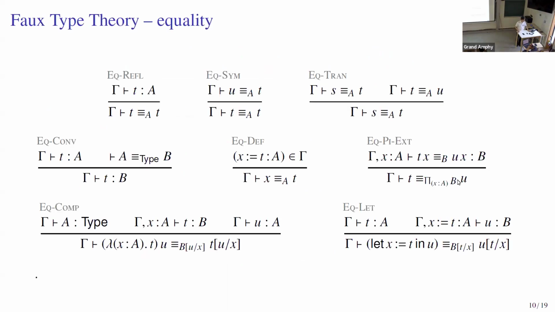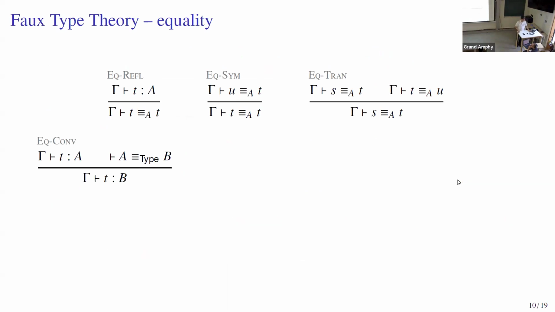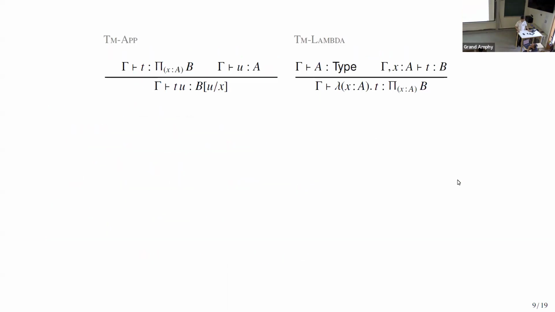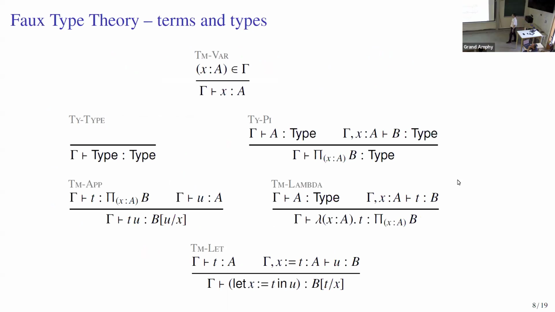Okay, so how do we turn this into an algorithm? Well, here's the basic idea. If you stare at these rules, you see that some of them are easy to use, and they already tell you what's going to happen. If you see Type, you say its type is Type. If I see a variable, I know precisely how to get its type: I just look it up in the context.